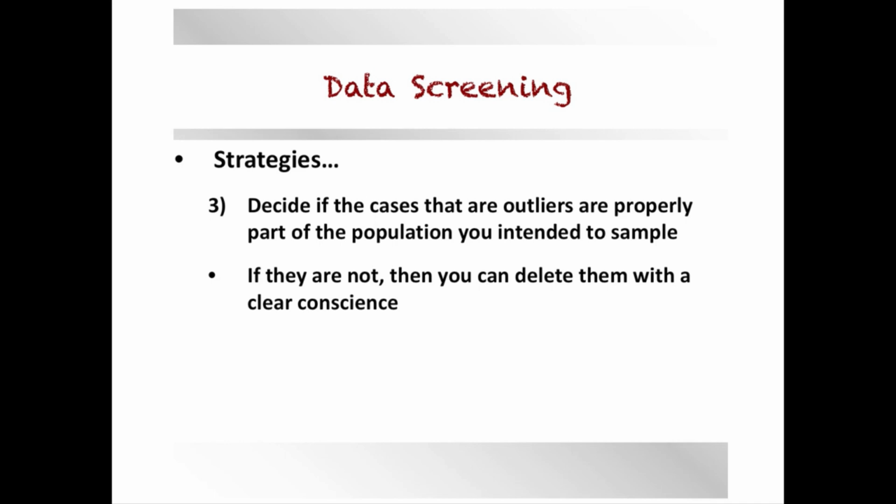So we do that. And some of this is, again, a little bit unscientific, but you just try to be as scientific as you can to avoid any sort of skepticism from the readers of your poster or the reviewers of your research paper. Number three here is to decide if the cases that are outliers are properly part of the population. So this is assuming that you keep the outliers, and you're like, well, okay, I'm keeping this outlier, but it's part of the group of, in this case, basketball players that I wanted to sample. Maybe this person really just is really into basketball, and I want to measure those people, and they're scoring high on that particular variable.